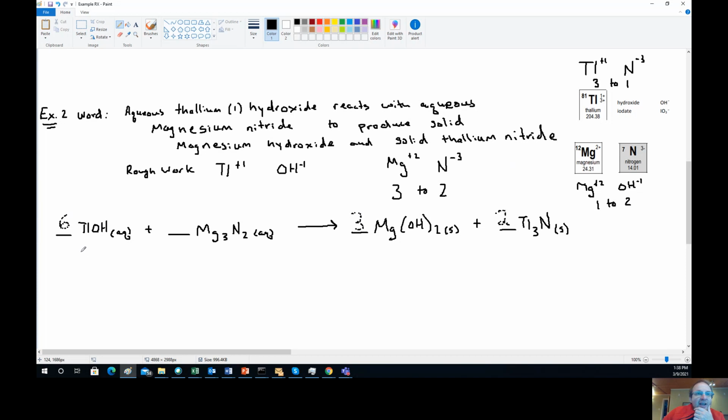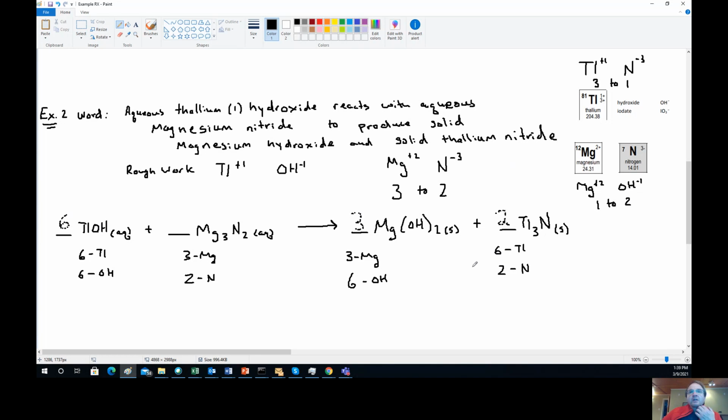I'm just going to tally everything up here. 6 thalliums, 6 hydroxides, 3 magnesiums, 2 nitrogens, 3 magnesiums, 3 times 2 hydroxides, so therefore 6 hydroxides. 2 times 3, so 6 thalliums, and 2 nitrogens.